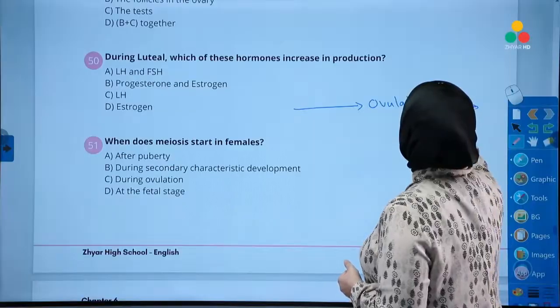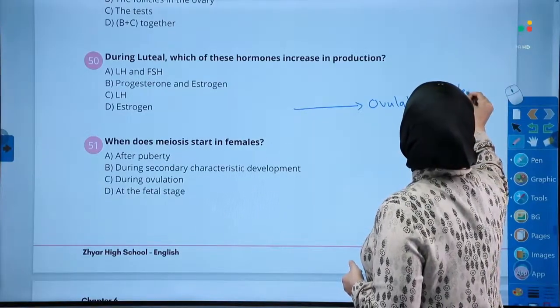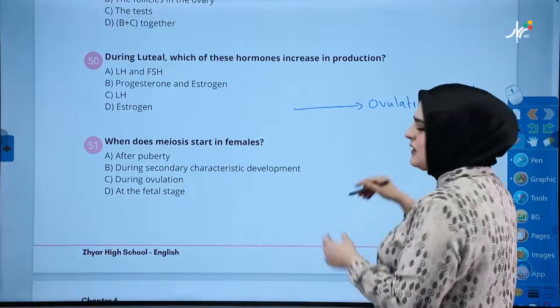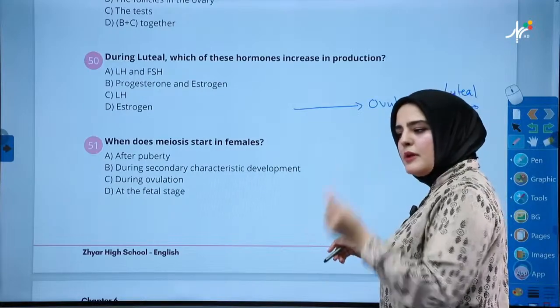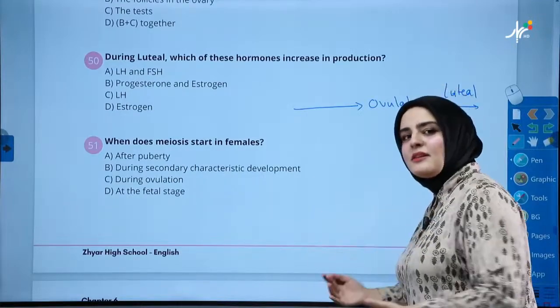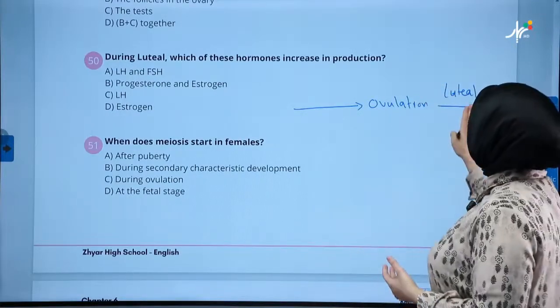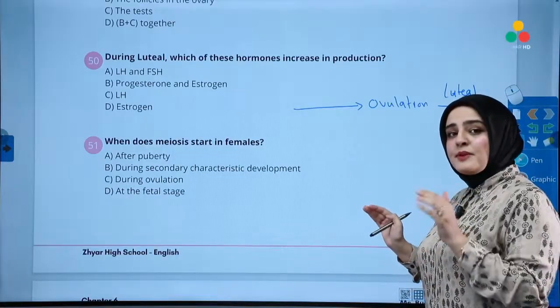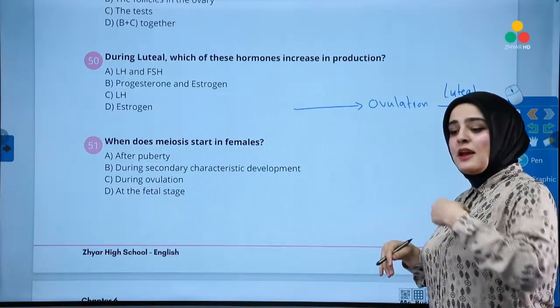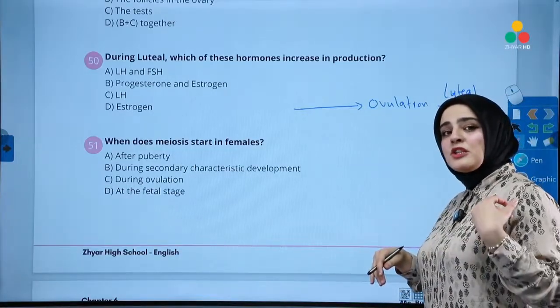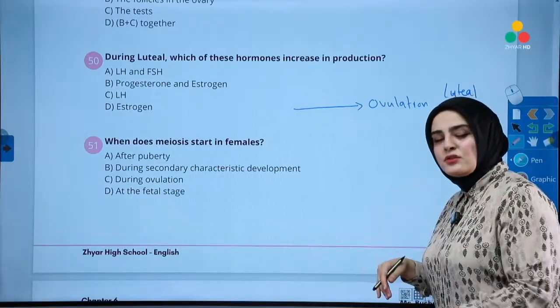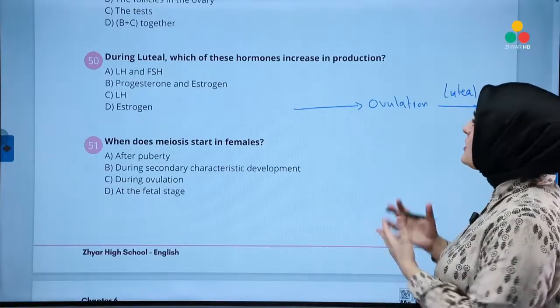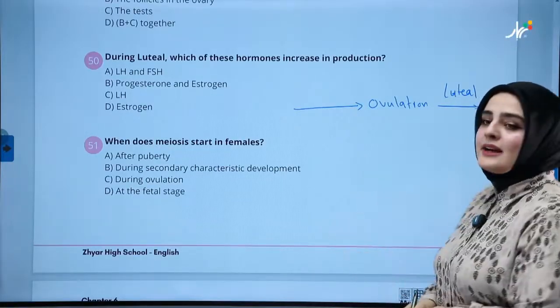Okay, this is luteal. It's right after ovulation. Ovulation is just a moment happening, and then it immediately becomes luteal phase. Remember, luteal phase happens in the fallopian tube because it's after ovulation, and in ovulation the egg is released to the fallopian tube.